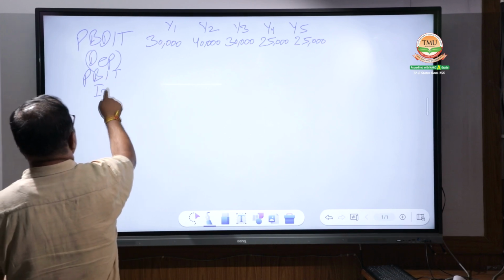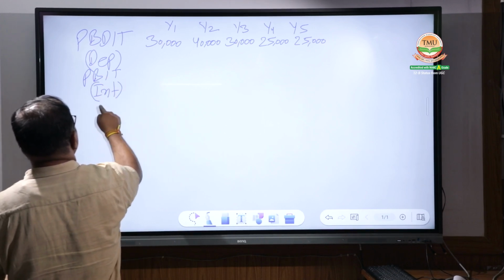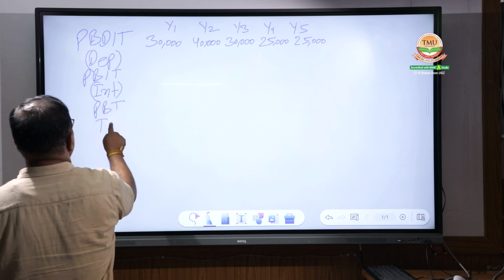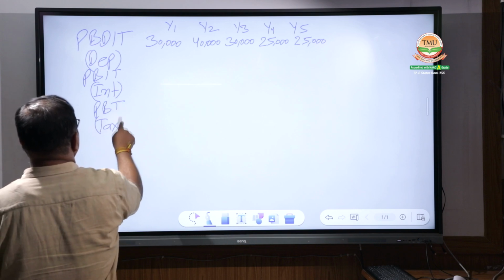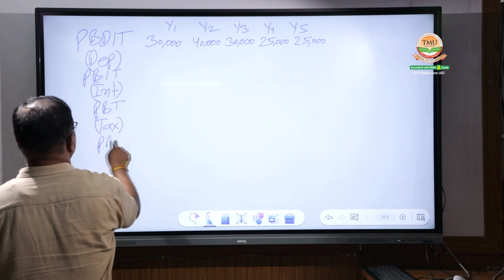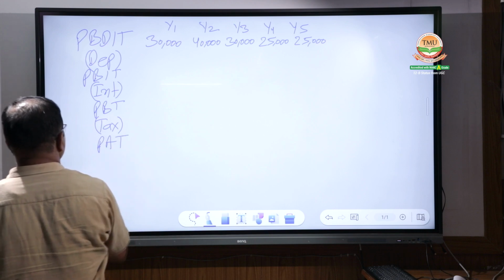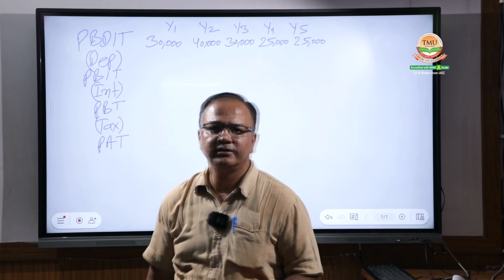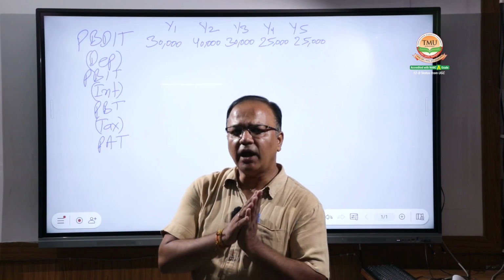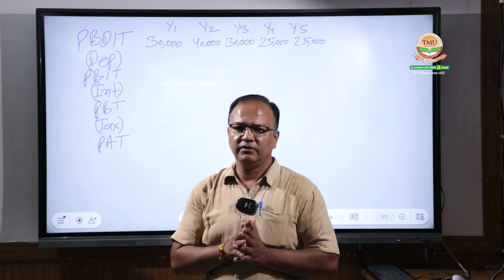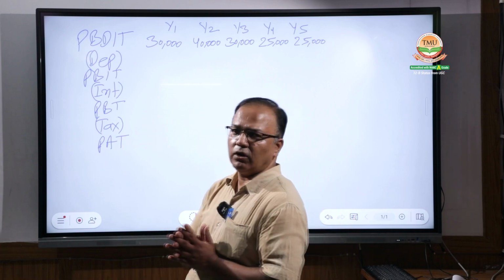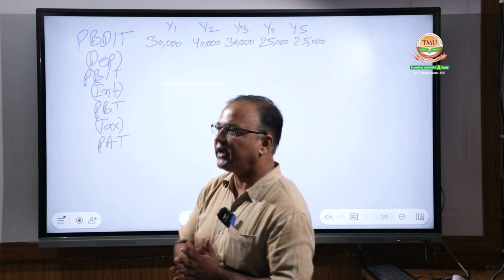Less interest, this is PBT. Less tax, this is PAT. And if we add depreciation again, then the figure which we receive is called cash flow after tax.